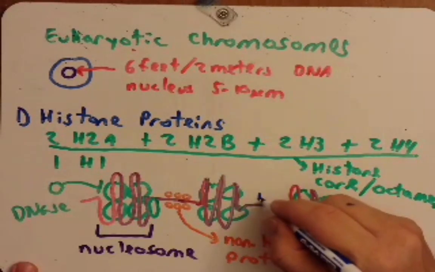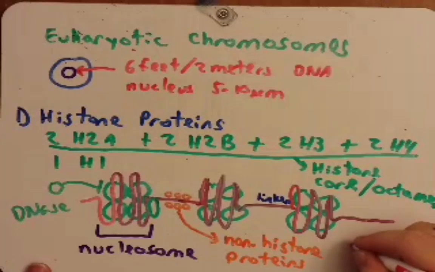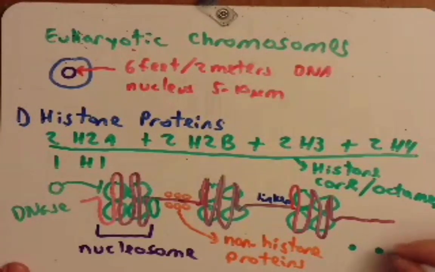So the linker here is gone, and you just have these beads, the histone octamers with the DNA associated with them. But all the linker DNA is gone, which tells us that enzymes have access to this area of the chromosome.